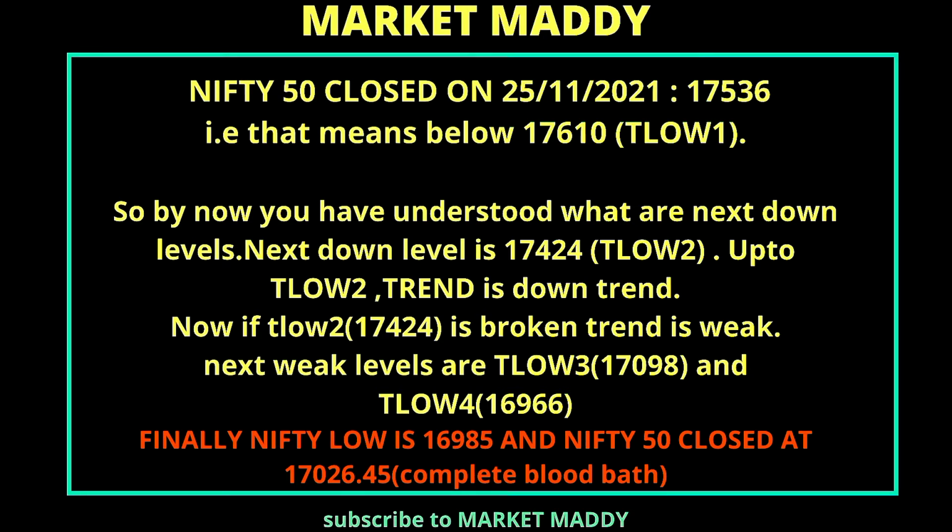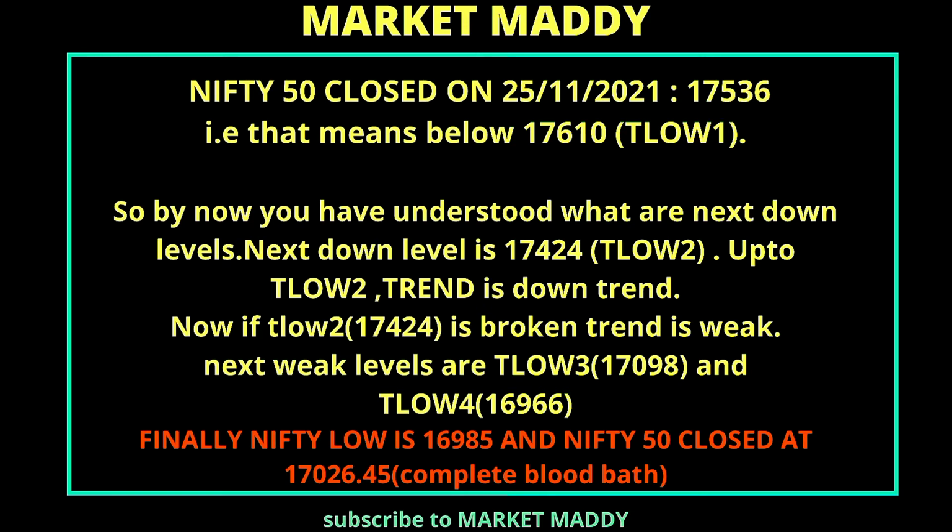But will it bounce back at any stage? Is there any possibility of a bounce? We may have to look into that. Normally, as I told you, whenever a trend changes, 17,424 is weak, downtrend. 16,966 is weak. Suppose it touches 16,966 on Monday, there is a possibility of the stock bouncing up to 17,098 or something, because normally whenever that level is touched, a bounce will happen.